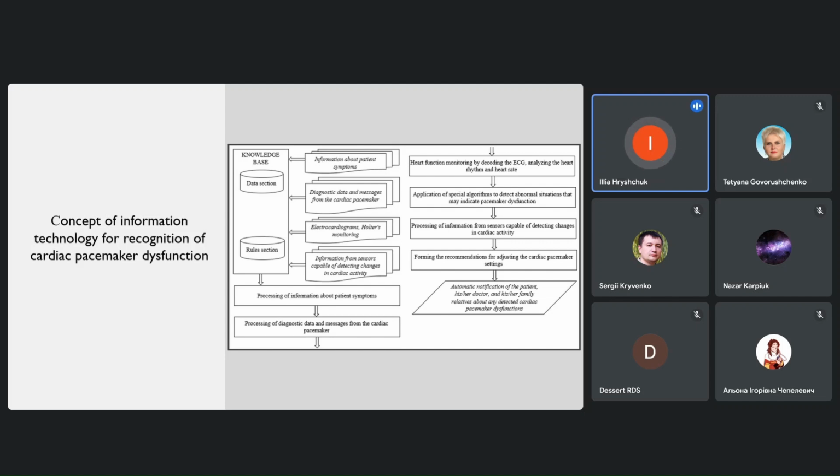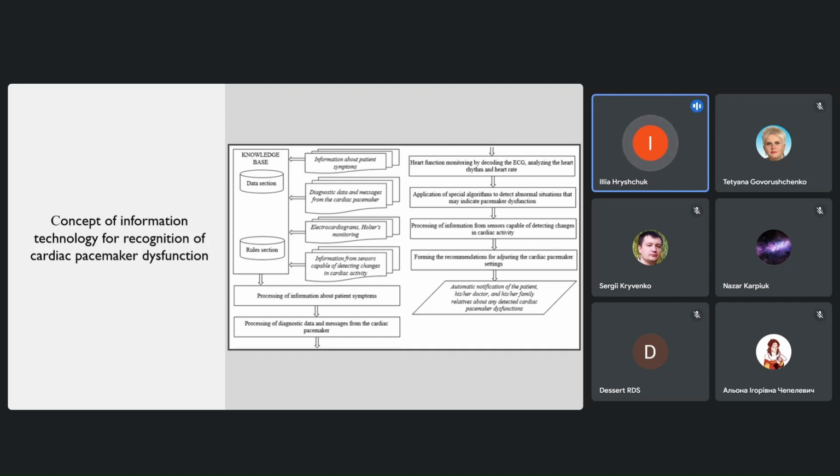At the top, we can see a database which gets information about patient symptoms, diagnostic data, electrocardiograms, information from sensors, and then it starts to process all the data one by one, starting from patient symptoms, then processing the data messages from the system, then decoding and analyzing the electrocardiograms, then special algorithms are applied to detect abnormal situations, and then processing the information from sensors.